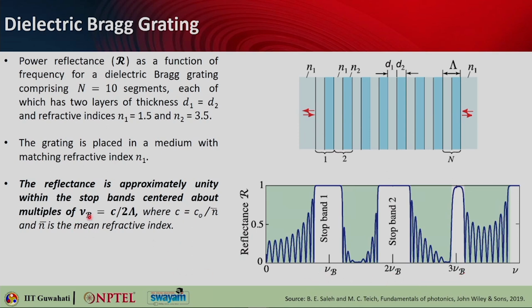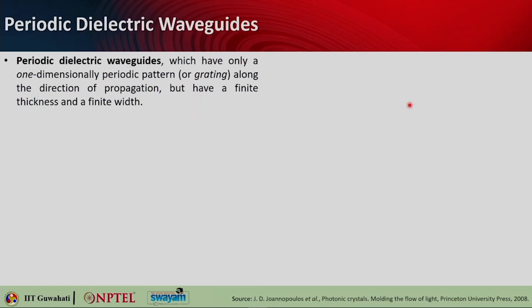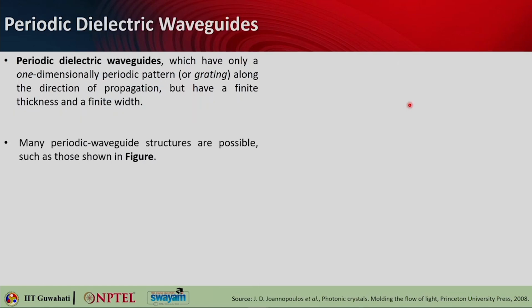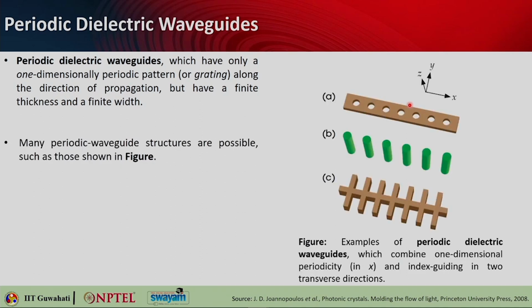Here nu b is nothing but c over 2 capital lambda. What is capital lambda? That is basically the period. Here the period is marked. Clear? So this way you are able to get good frequency selective performance from Bragg reflectors.